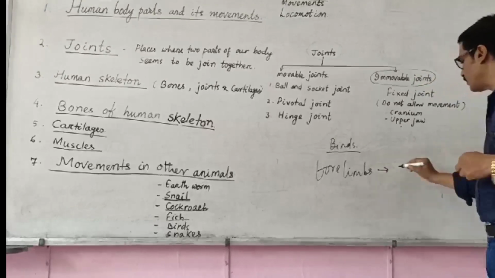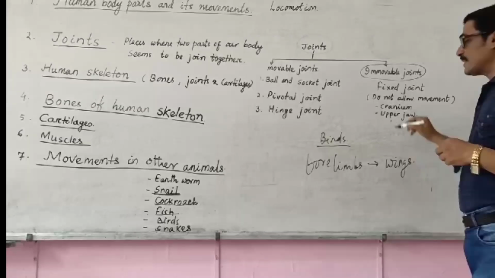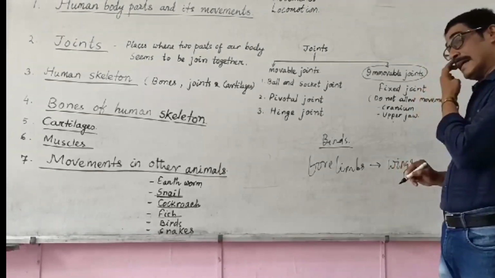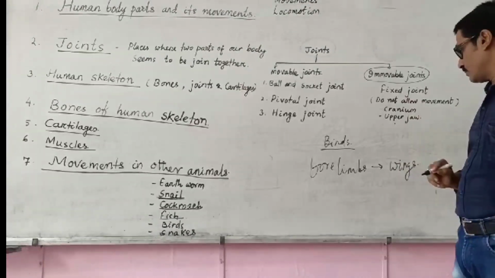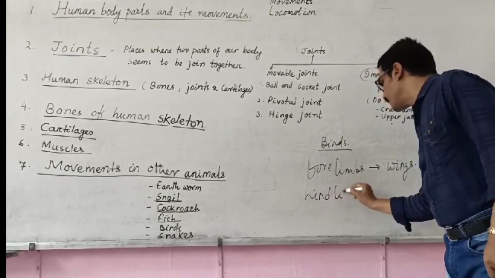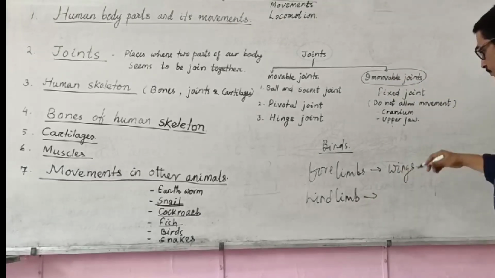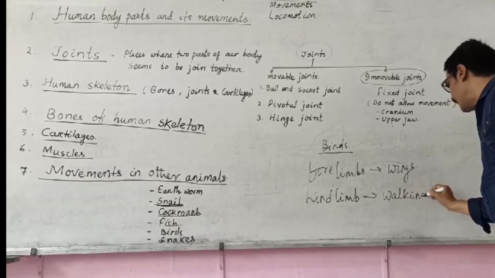They are attached with strong muscles called flight muscles in the breast region that help the wings to move up and down. And the hind limbs are modified for walking and perching.